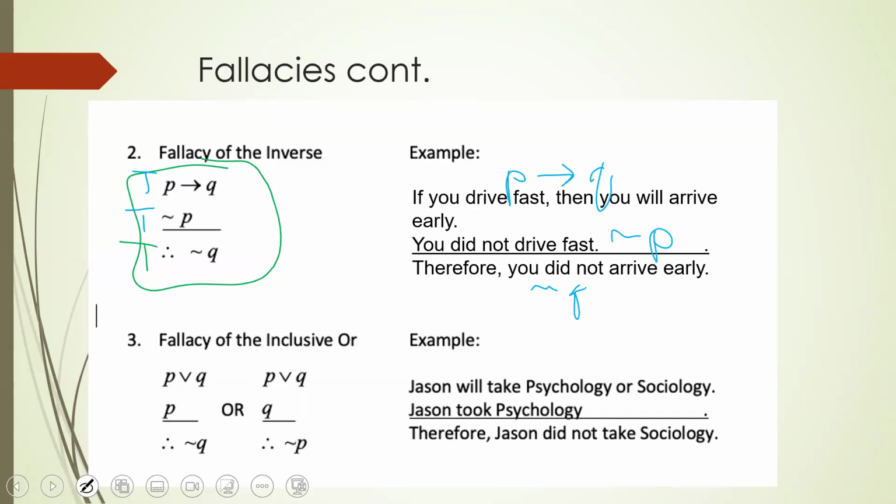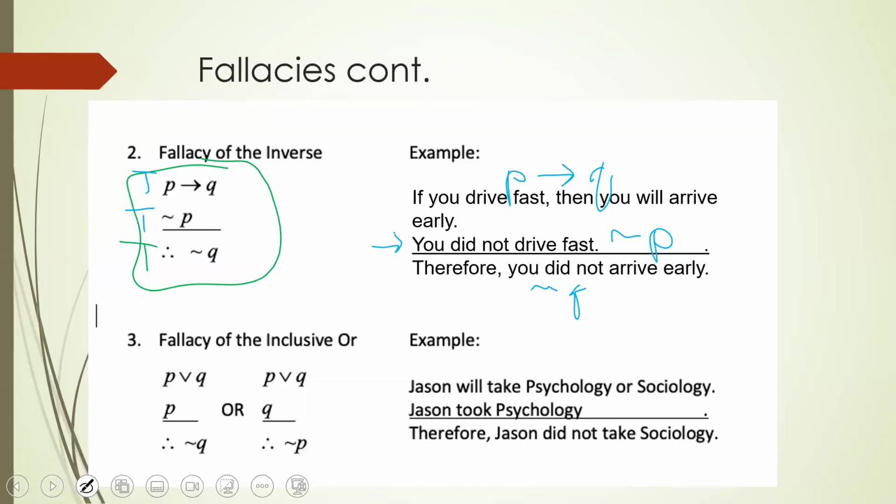But if we zoom out on this, let's think about this. They're telling us that for sure if we drive fast, then we'll arrive early, and then that we did not drive fast. This is similar to the previous one: that doesn't necessarily mean that we will not arrive early.